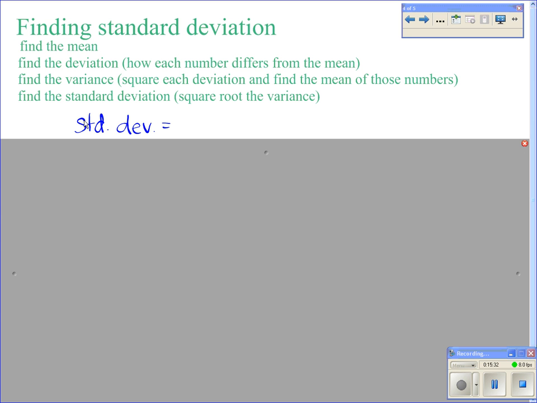And after you're done writing down the steps, I'll tell you what standard deviation is and why we're finding it. And having your calculators ready will help this go much, much faster.